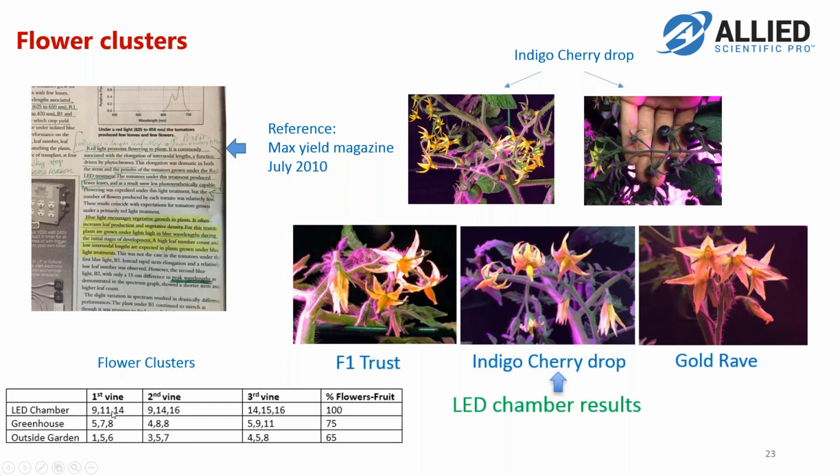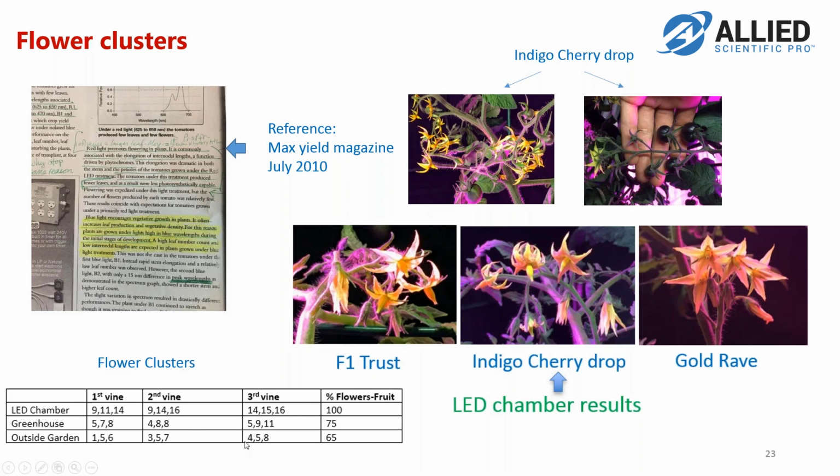Here are the three different vines from three different plants. And basically, my colleague has counted the number of flowers in each branch of these vines. So 9, 11, 14, 9, 14, 16, 14, 15, 16. And these are much higher compared to the numbers in the greenhouse and outside garden.